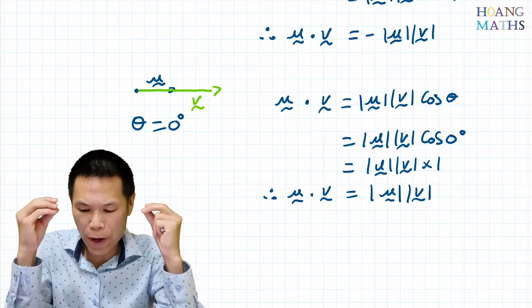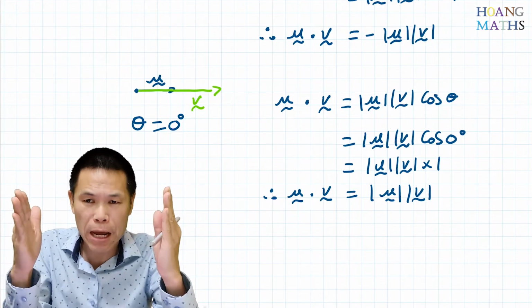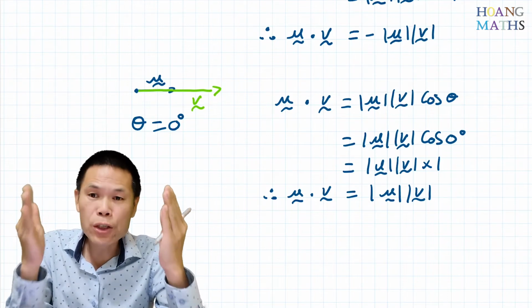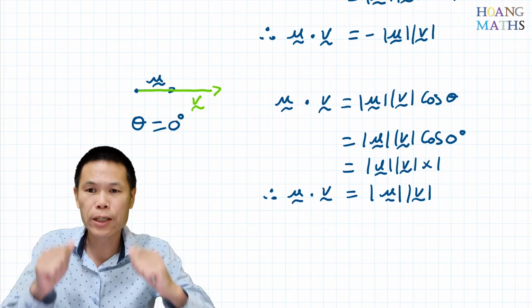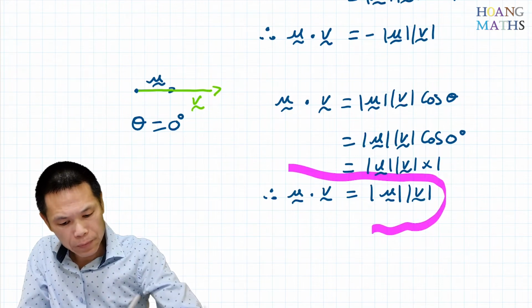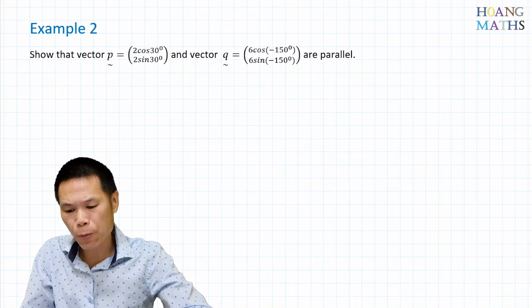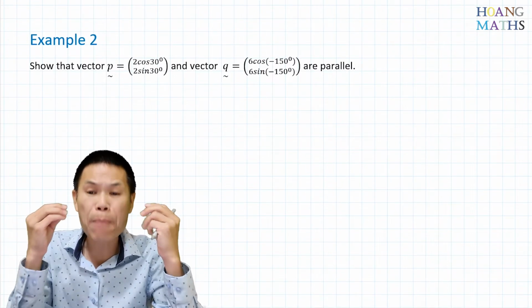So we know that when vector u and vector v are parallel to each other and in the same directions, or like directions, if you like, u dot v is equal to magnitude of u times magnitude of v. Okay, so please keep that in mind. For example, show that vector p and vector q are parallel.